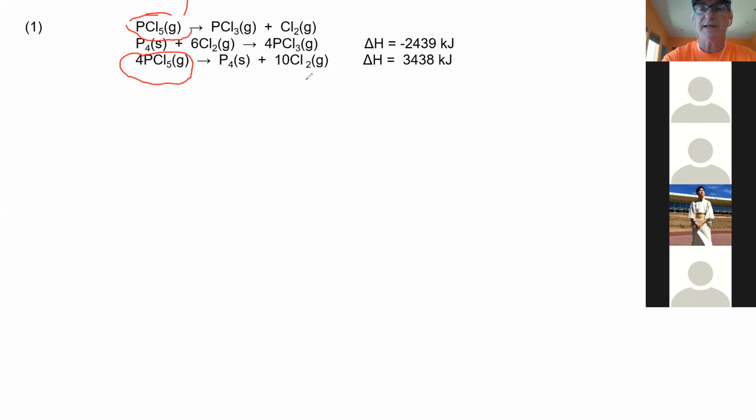So next we want to look for the products. I've got two products. I've got PCl3 and I've got chlorine gas, and I want to find those. So where am I going to find those?